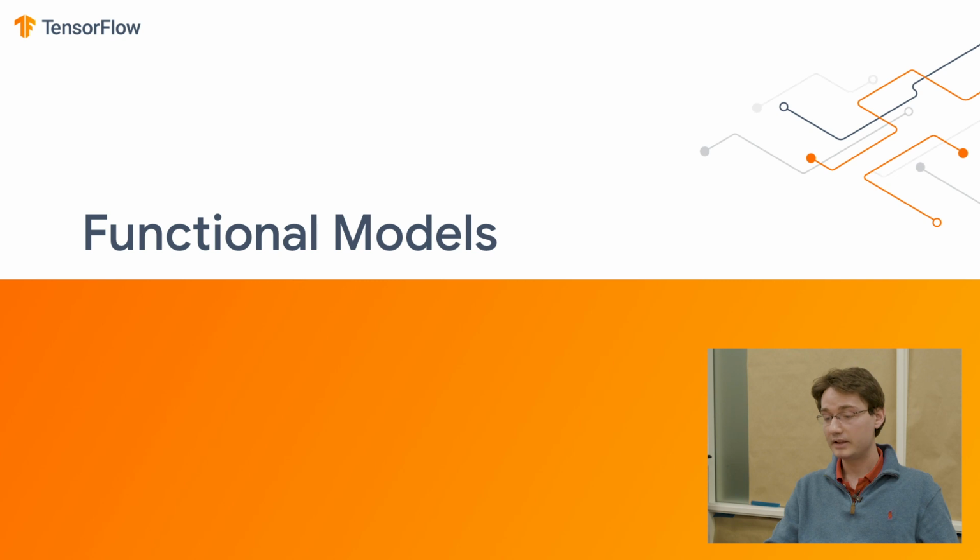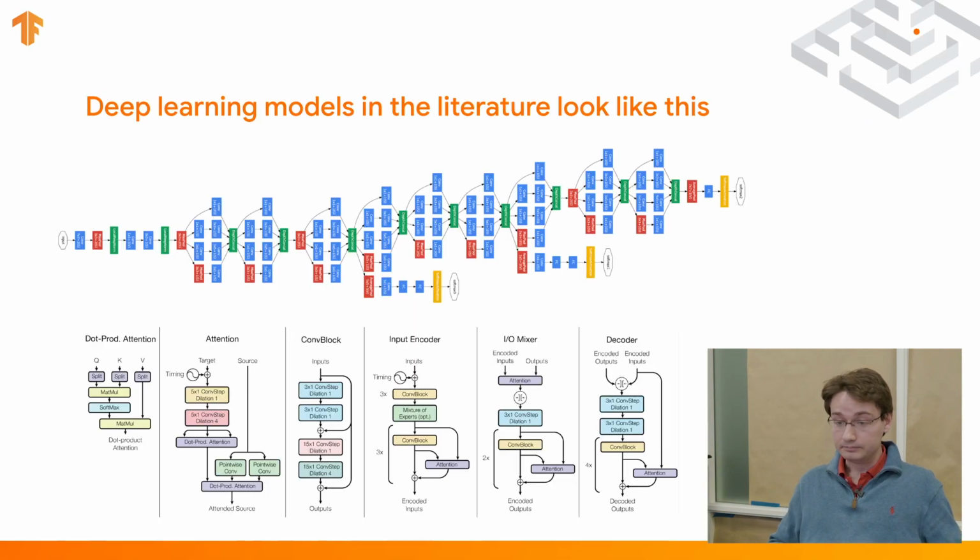So let's move on to functional models. In the previous example, you saw a subclass model, so essentially something that you wrote by subclassing the Model class. In practice, very often in the literature, you see deep learning models that look like directed acyclic graphs.